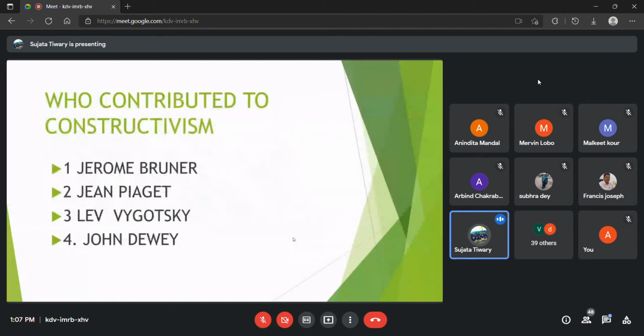Now, let's see who are the proponents of constructivism, or who contributed to constructivism. The first is Jerome Bruner. The second, Jean Piaget, then Lev Vygotsky, and the fourth, John Dewey.